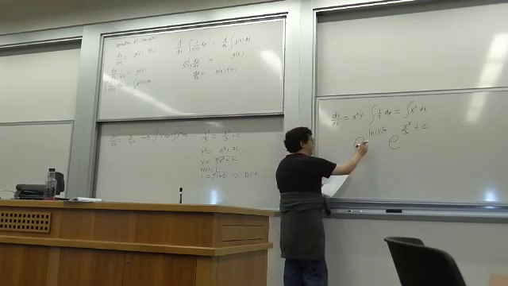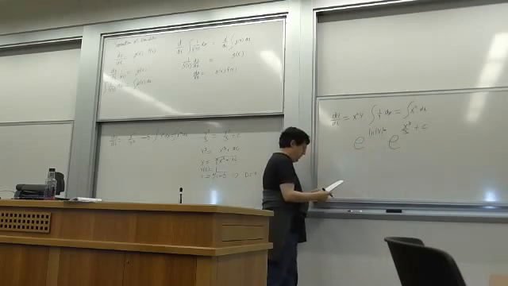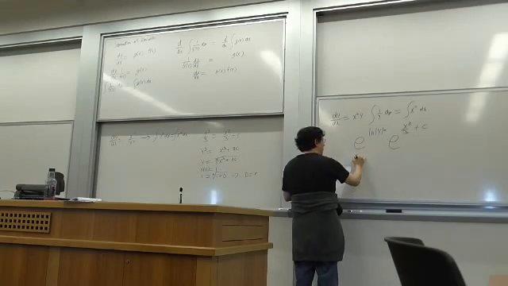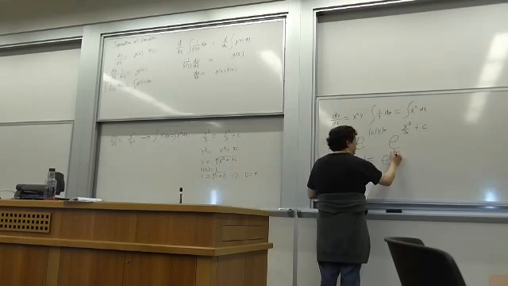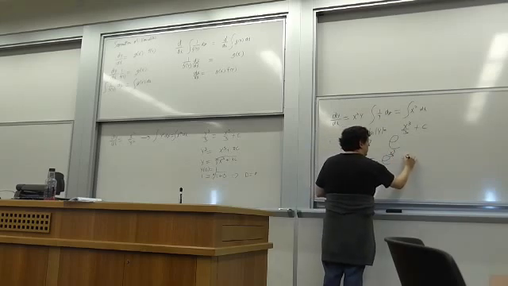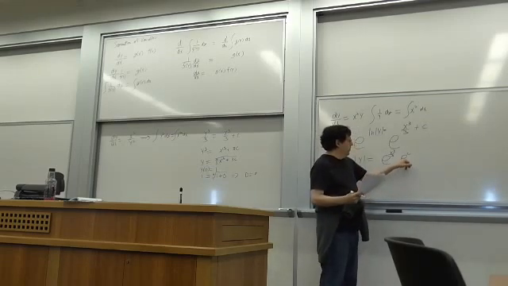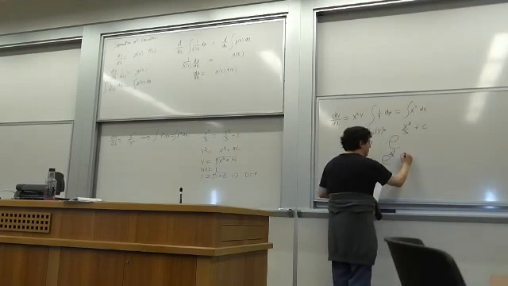And it helps to know that e to the natural log of the absolute value of y is just going to be the absolute value of y. e to the x cubed over 3 plus c is going to be e to the x cubed over 3 times e to the c. Well, this is not an arbitrary constant, but this is, so this is just d.